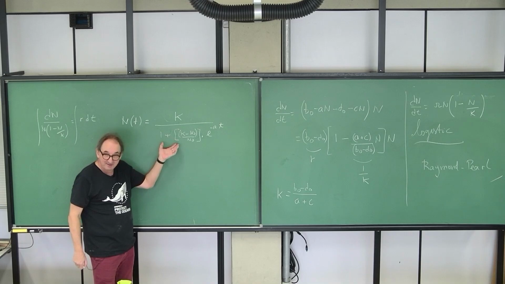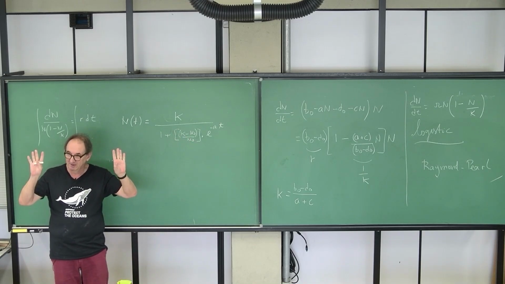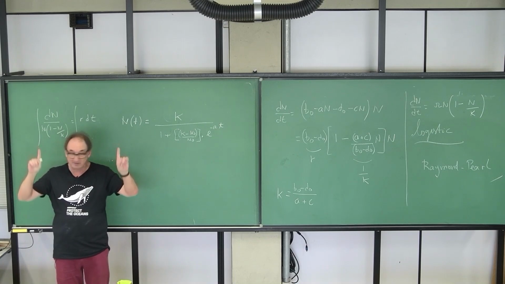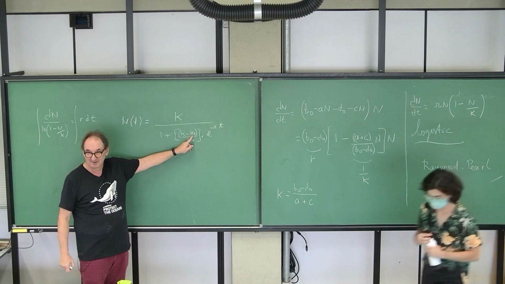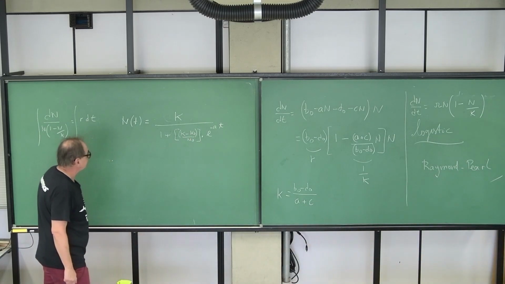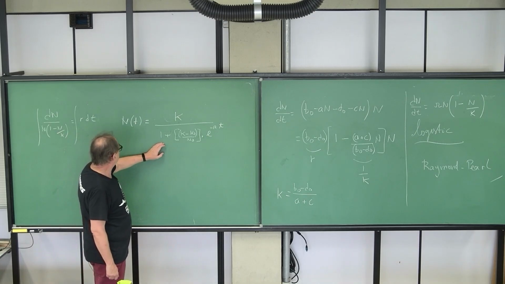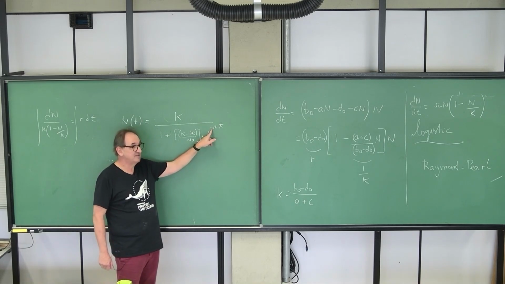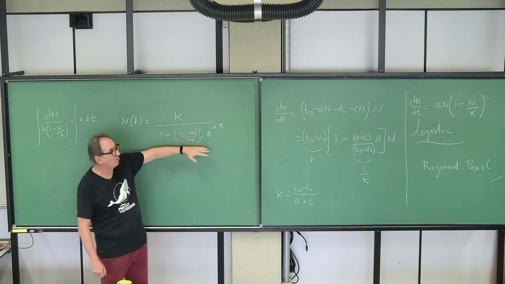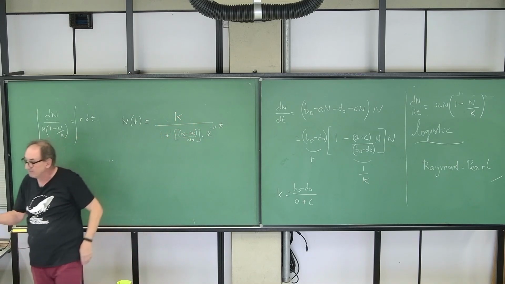Like it or not, it again has the elements that we had before. There has to be an initial condition, which is n0. You have again an exponential, but it's a negative exponential here, because it's 1 over a negative exponential. It's like being positive.